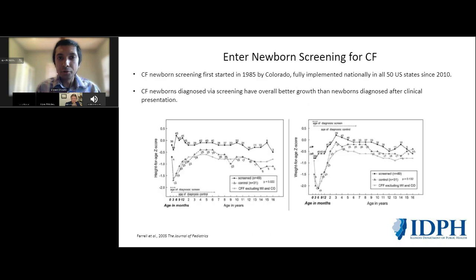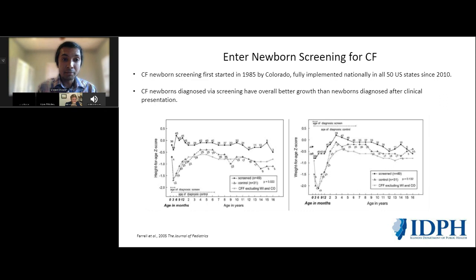And so enter newborn screening for CF. Newborn screening for this disorder first started in 1985 in the US, in Colorado, and then it was fully implemented nationally in all 50 states by 2010. There was a study in 2005 published in the Journal of Pediatrics that compared babies who were screened for CF via newborn screening versus traditional methods.